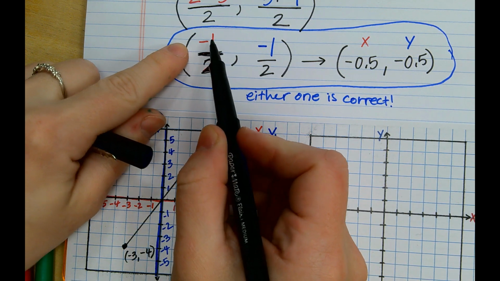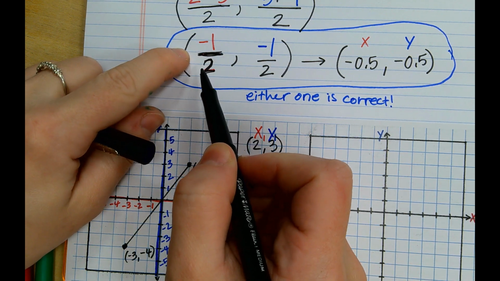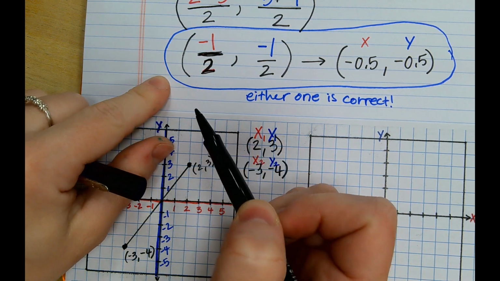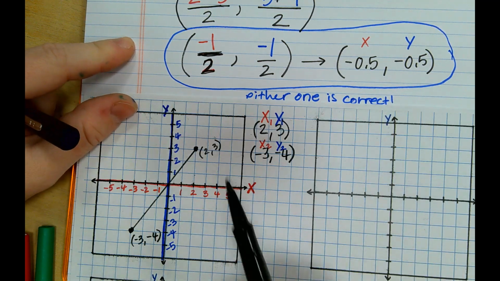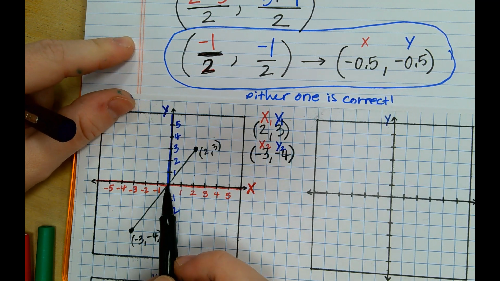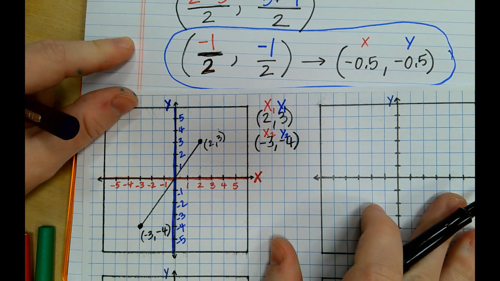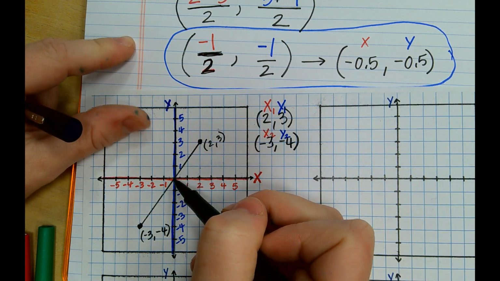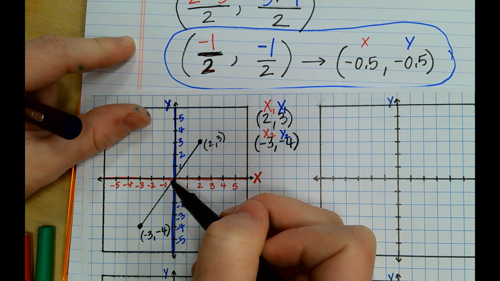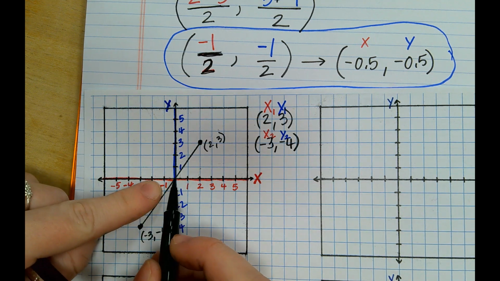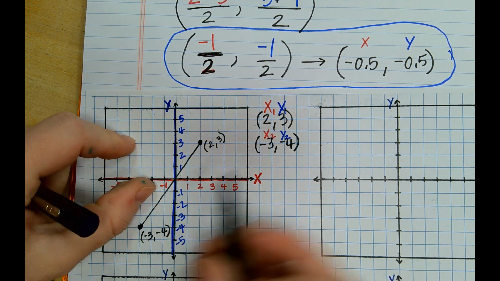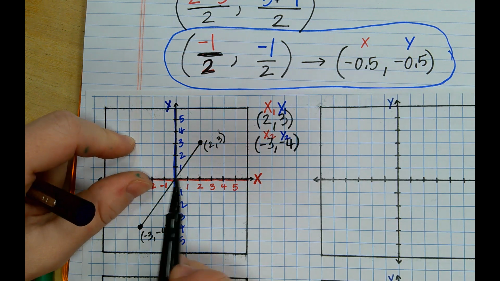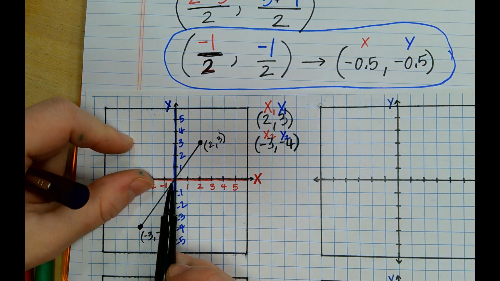We had -1, but then we divided it by 2. -0.5 or -1/2. So I'm going to start at 0 on my x-axis. And I'm going to go over to the right or the left. The right is my positive numbers. The left is my negative. If my x value is negative, which way should I go? Left. To the left. Good.